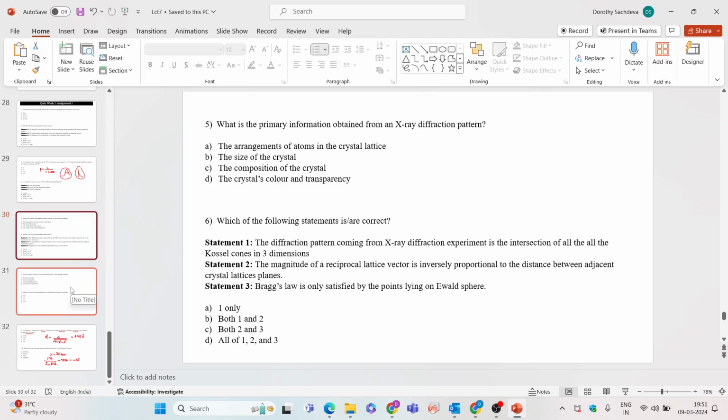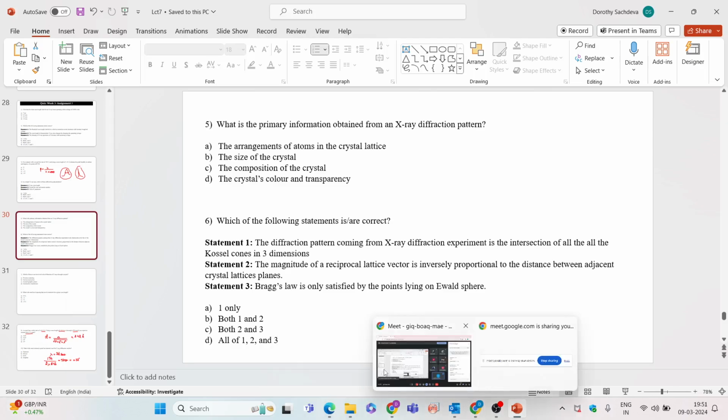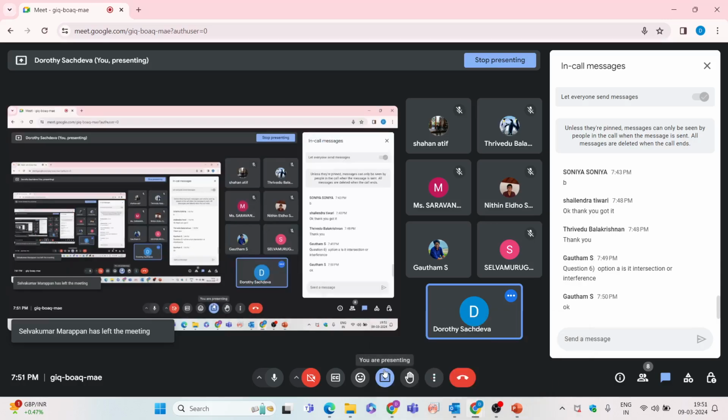The diffraction pattern coming, yeah, it is intersection only, no? Kikuchi cones, I remember we discussed in the last lecture, where we discussed the Kikuchi lines and how the Kikuchi lines are formed from the intersection of these cones with your Ewald sphere, which gives you the parabola. And since the angle is very small, you can see the straight lines of the Kikuchi lines. Okay, Gautam.